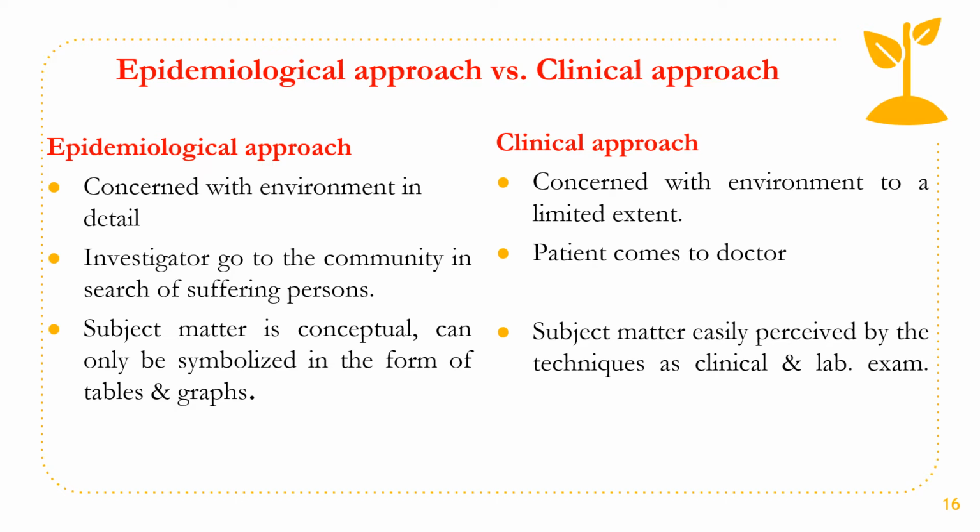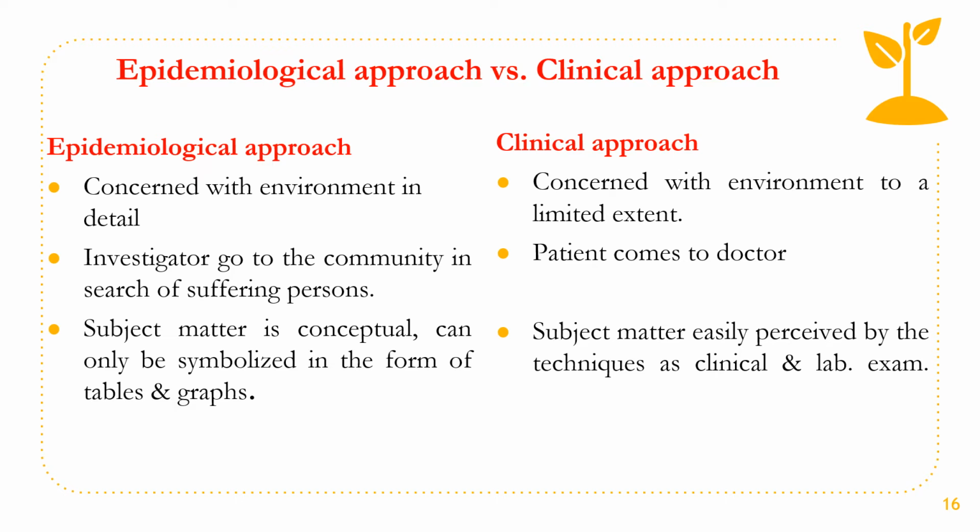In the epidemiological approach, the subject matter is conceptual and can only be symbolized in the form of tables and graphs. For example, for COVID in Penang, there are 35 patients. In the age group of 60 plus, this many patients. Among them, this many males, this many females. So you can give graphs and tables.